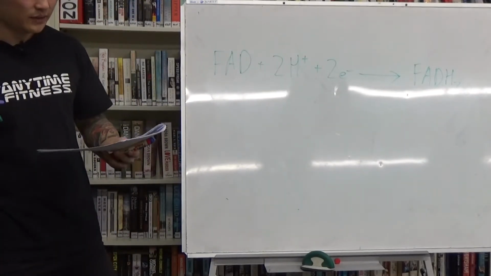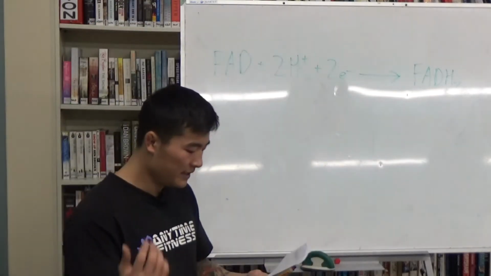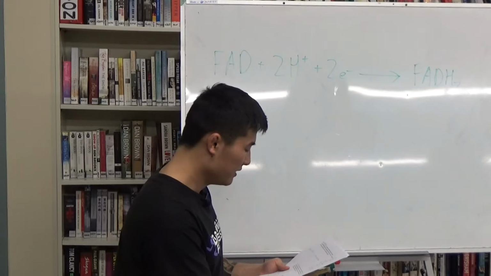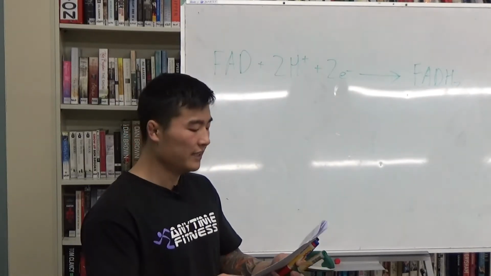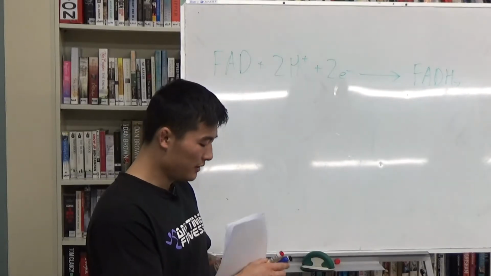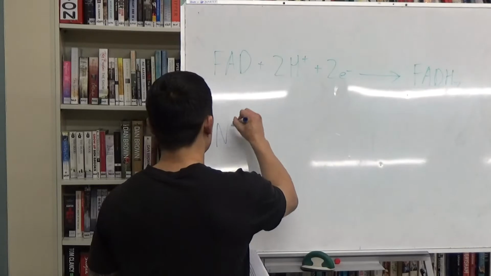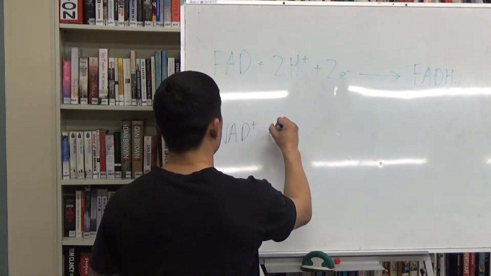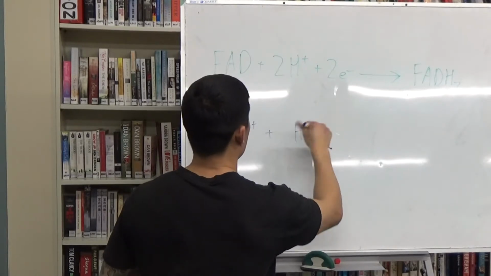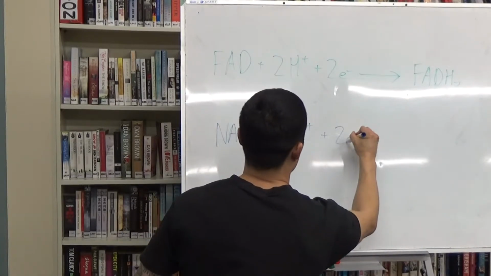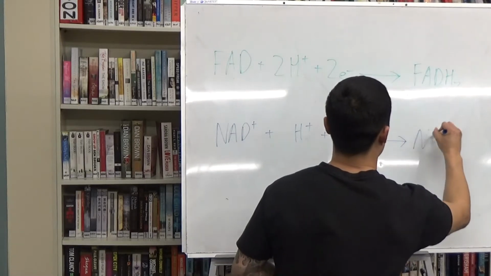B3 is niacin. Niacin is part of NAD+, or nicotinamide adenine dinucleotide. This is one of the most important ones. You'll hear this over and over again. It's also an electron carrier. NAD+ picks up just 1 proton and 2 electrons and becomes NADH.